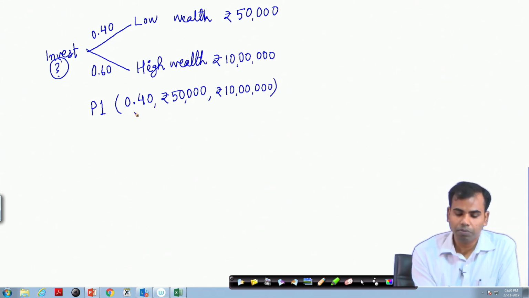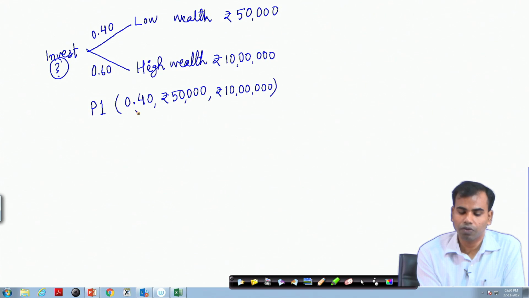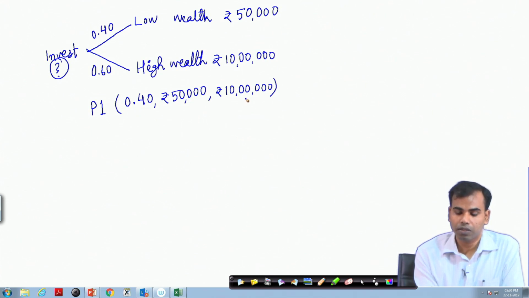So, the first term basically is the probability of the first outcome, and second outcome is given, and remaining probability would be attached to the second outcome.